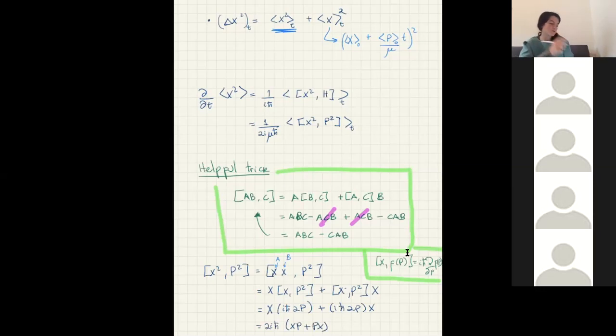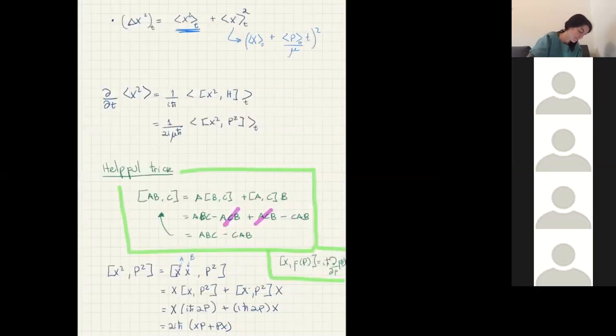And now we need to plug it together again here. Okay. And some things will cancel out, so I'll do it in the next page. But you can see already like the 2 i h bar will cancel out with this.